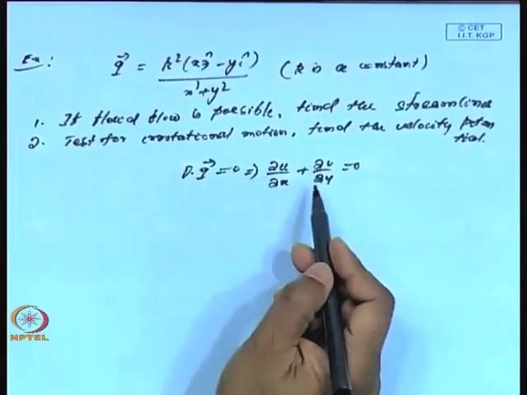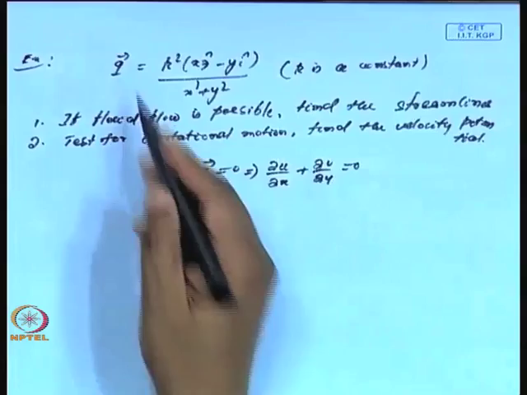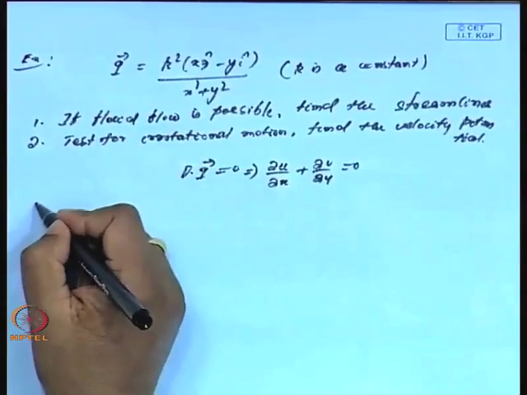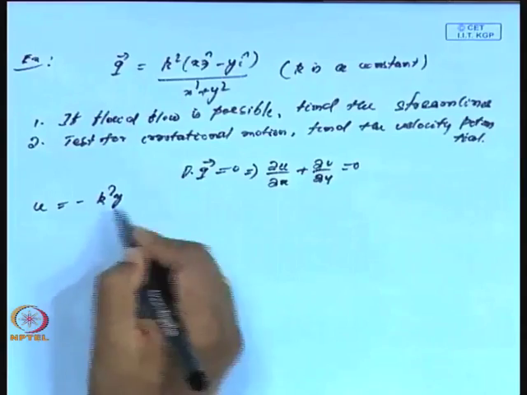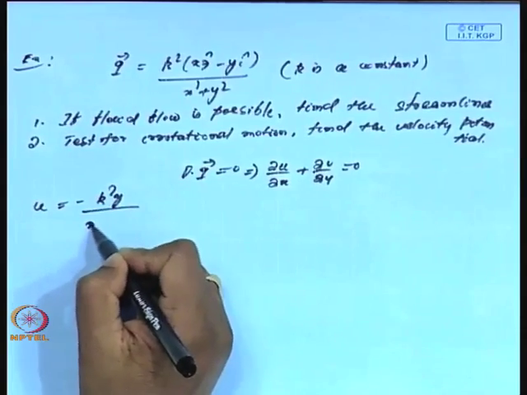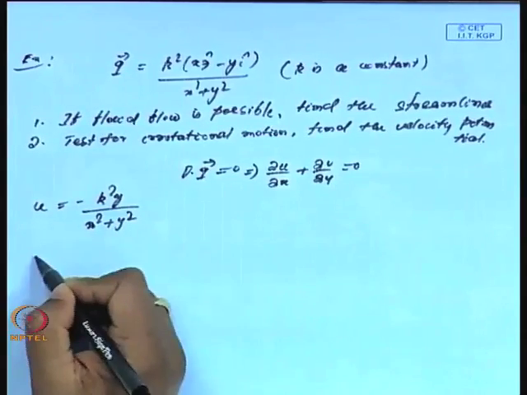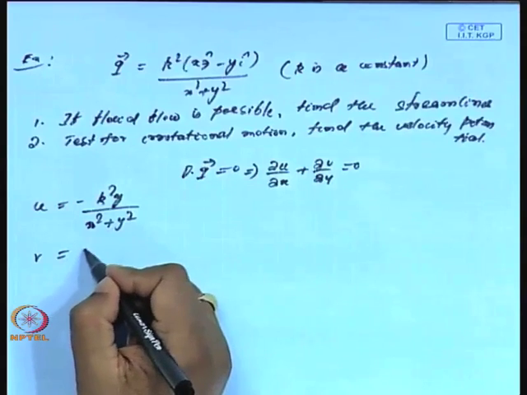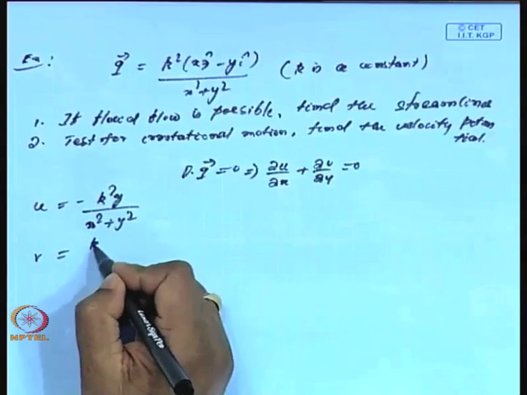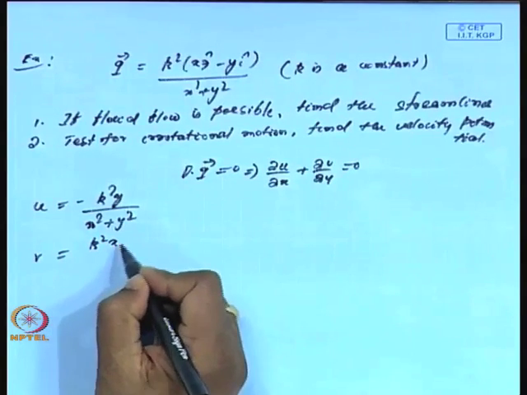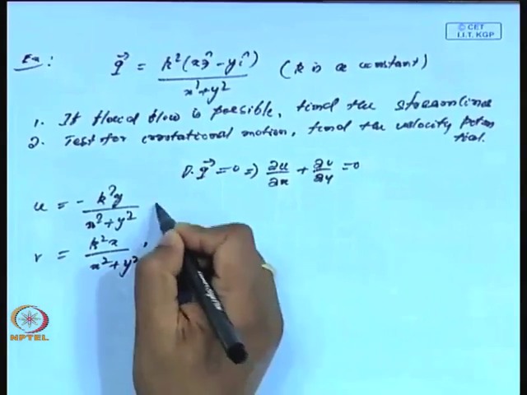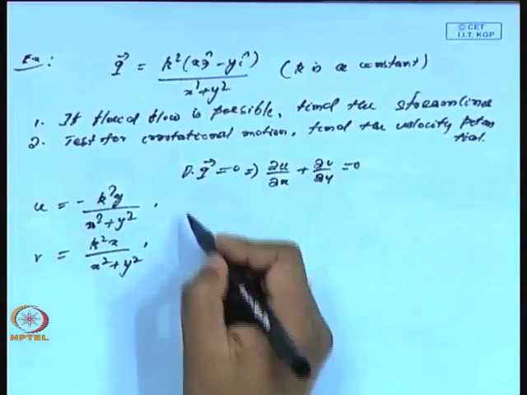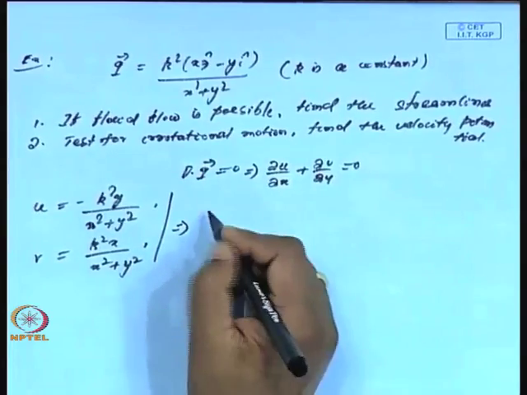Here your u is minus k square y by x square plus y square, and your v is k square x by x square plus y square.